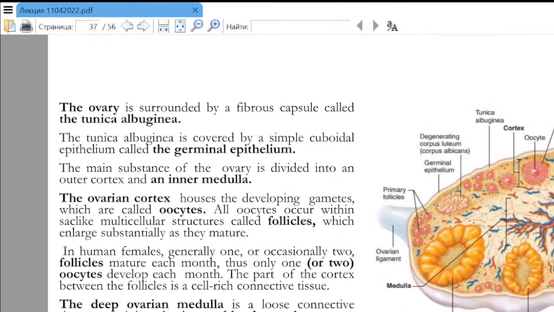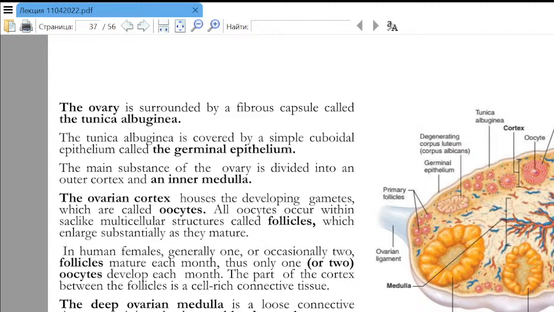The ovary is surrounded by a fibrous capsule called the tunica albuginea. The tunica albuginea is covered by simple cuboidal epithelium called germinal epithelium.